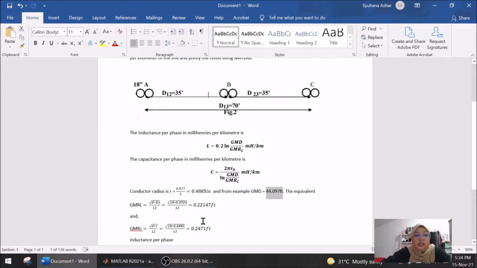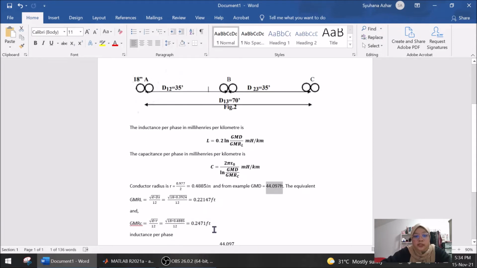And then to find the GMRC, the formula is the square root of D multiplied by R over 12. D is spacing and R is the radius that we already found just now, 0.4885 over 12. And then we calculate, we get 0.2471.